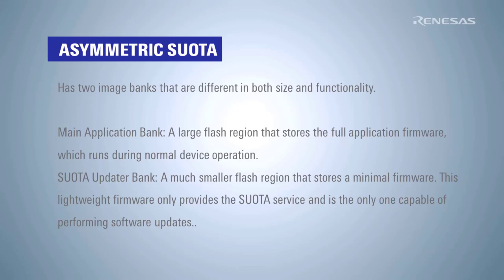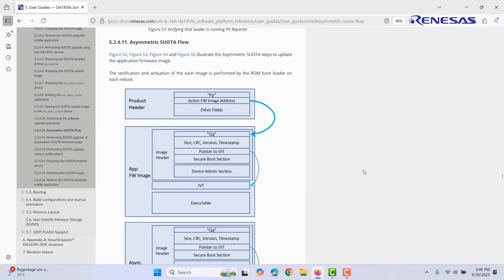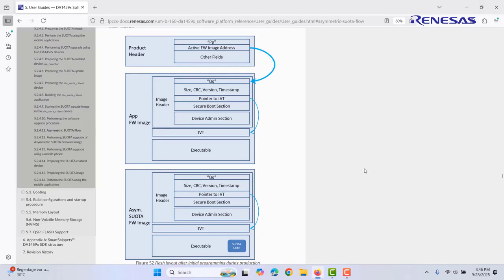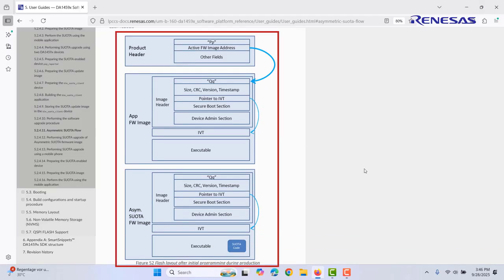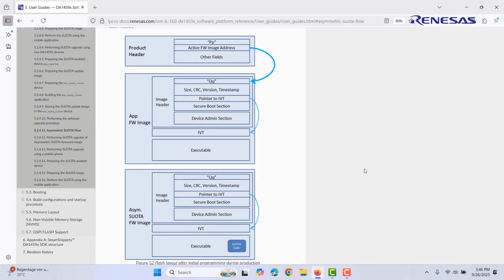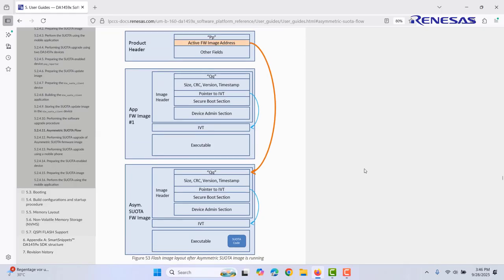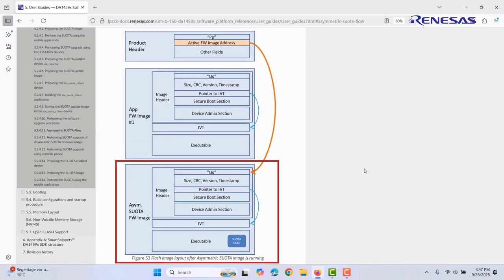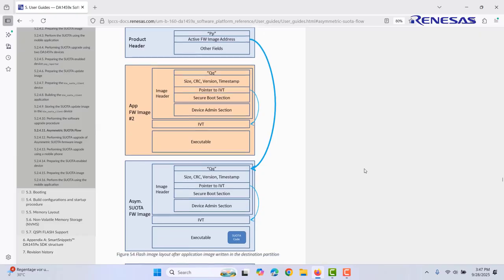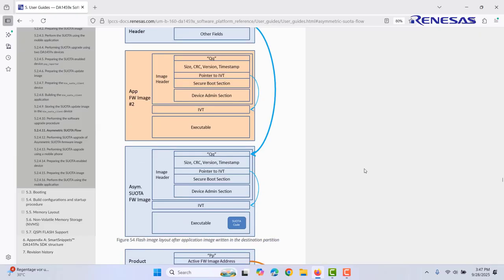Now let's visualize the asymmetric SUOTA flow. After the production, this is the first image. Then the asymmetric SUOTA image becomes the active image. Then the application image gets written to the partition.